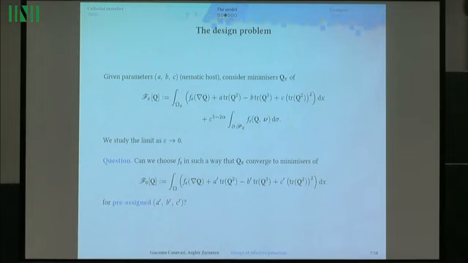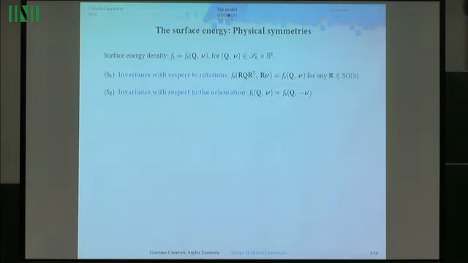So this is the question we ask ourselves in this talk. And well, before we study the question, let us look a little bit at what the possibilities are for the surface anchoring energy density.